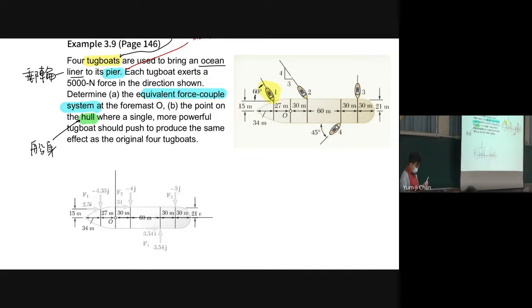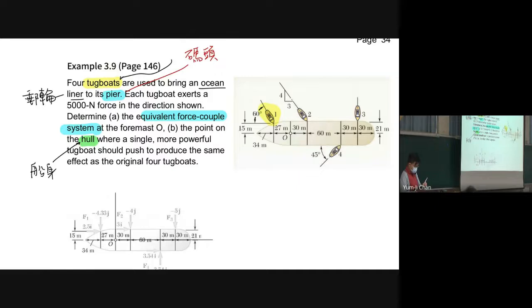Because you can see the summation F does not equal 0, so we are not talking about a couple, but a force-couple system. Okay.